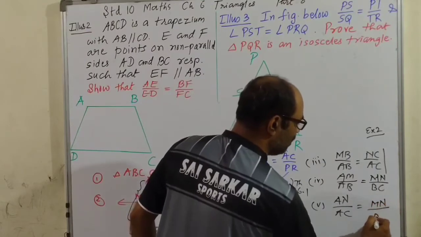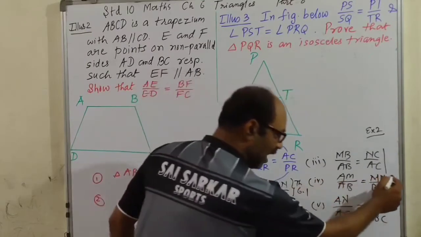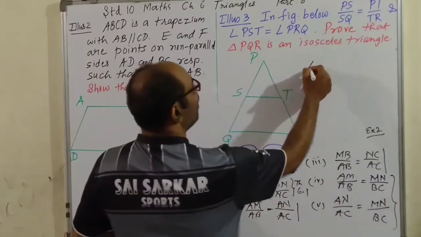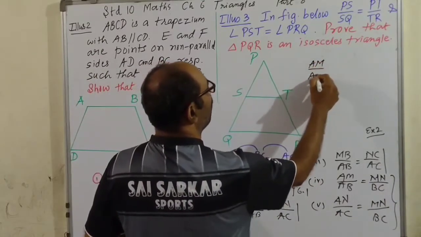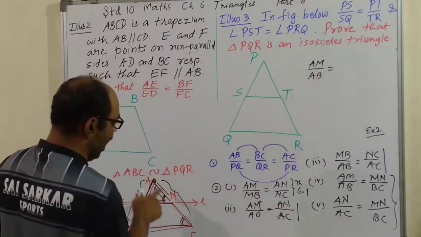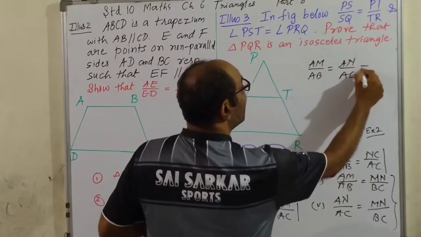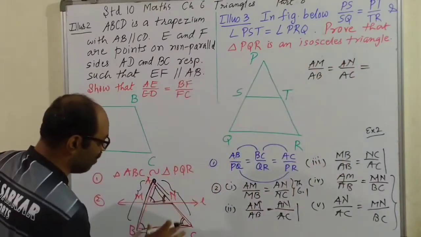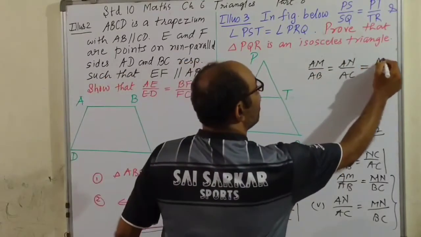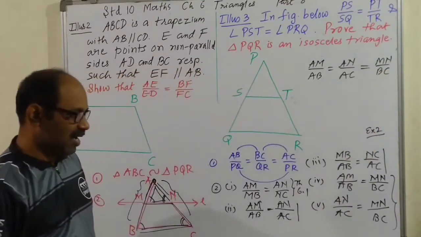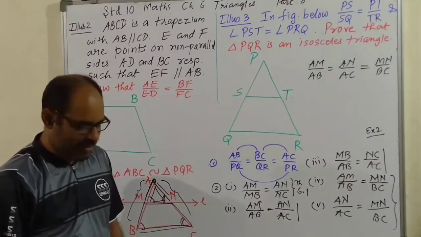We can also write them together: AM upon AB is equal to AN upon AC is equal to MN upon BC. Alright, did you understand?